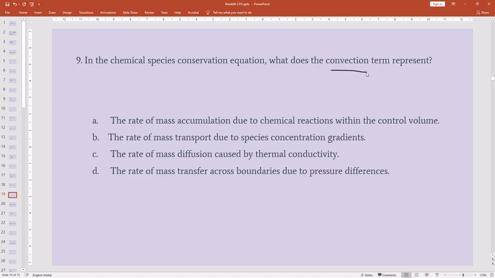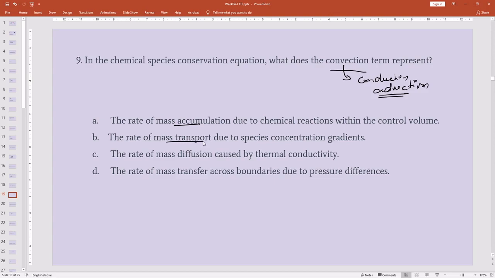So convection. In the last two classes I have explained what convection is. Convection is actually conduction plus advection. Advection is the bulk movement of fluid. Here it's about mass accumulation.